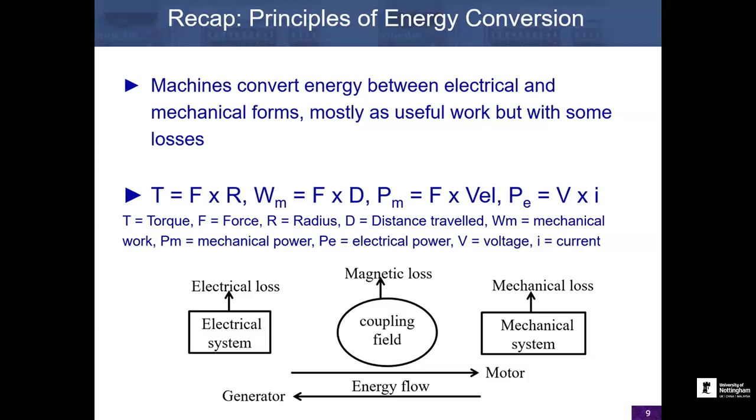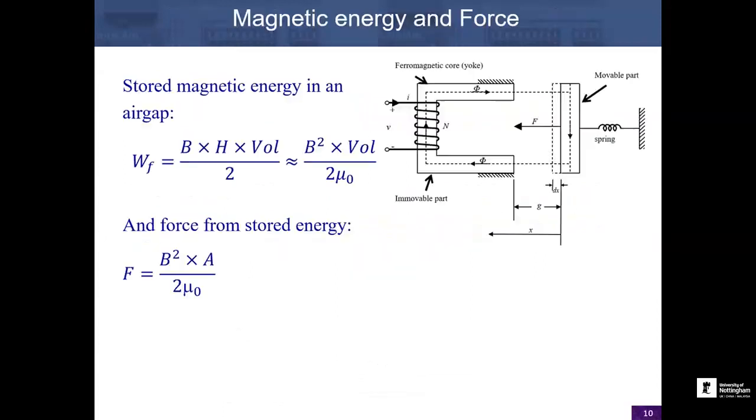But either way, you transfer it between those two domains, and the fundamental machine always follows this pattern where you've got an electrical system and a mechanical system. You're transferring power through a coupling field of some kind, and each of these stages has a loss. We have electrical, mechanical, and magnetic losses, all of which we can define in order to define the behaviour of the machine.